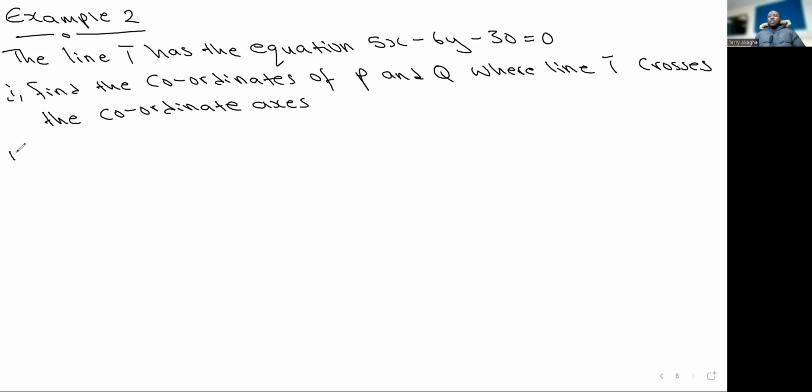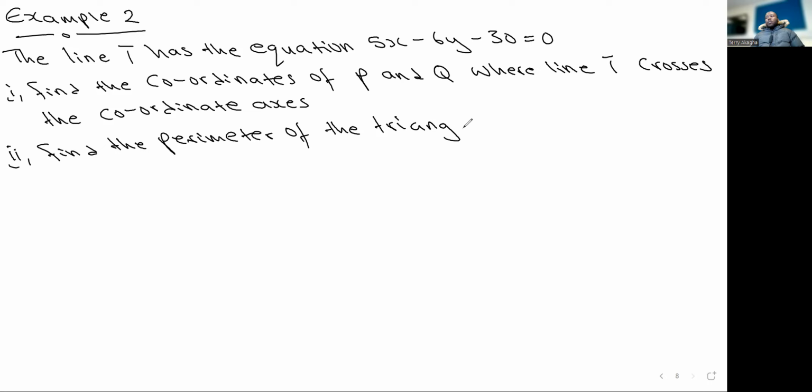And number 2, we're meant to then find the perimeter of the triangle OPQ, where O is the origin.